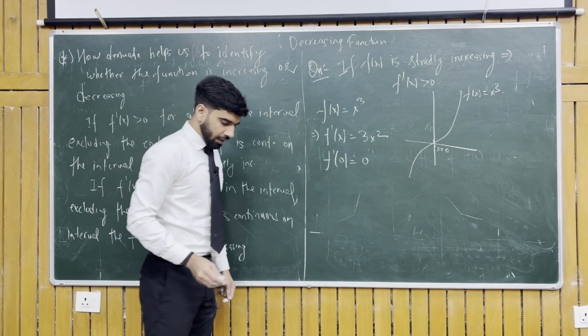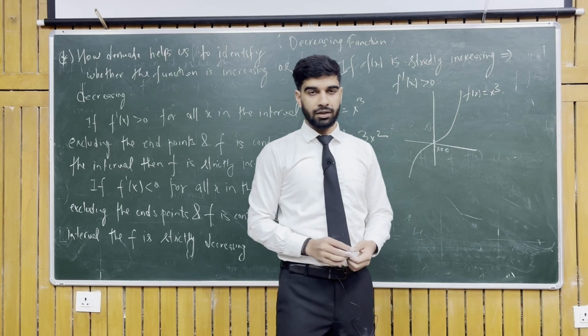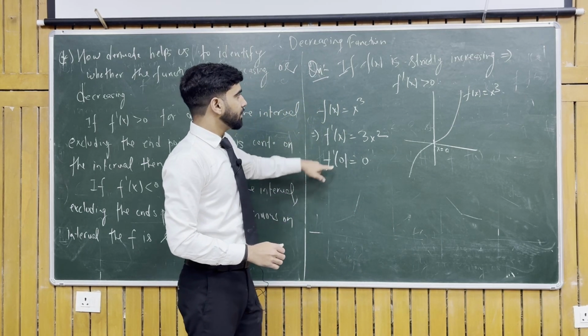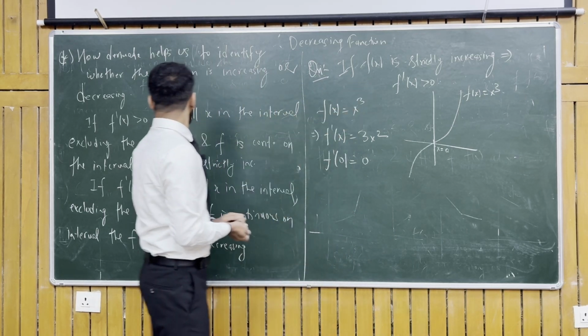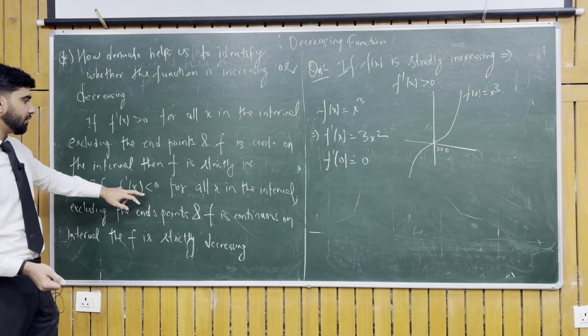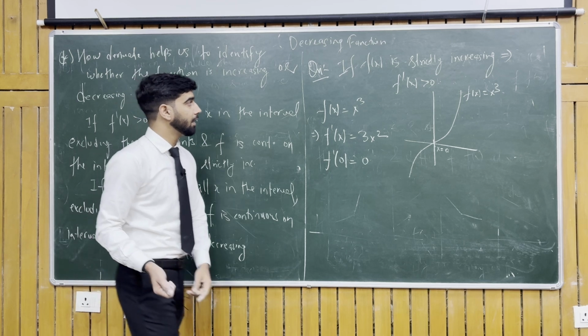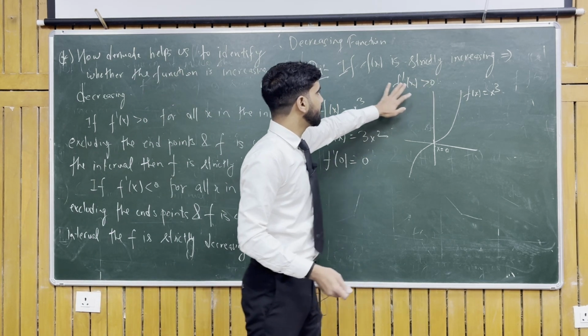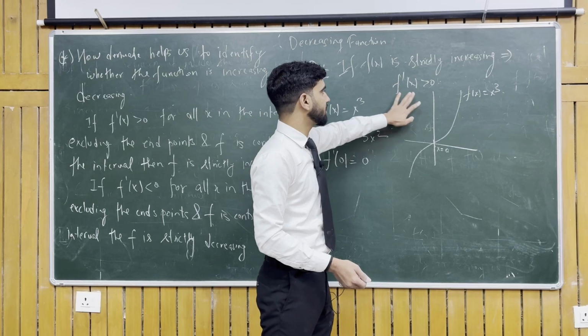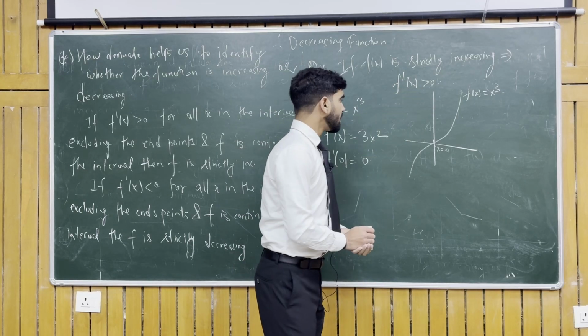So now we have seen that if f dash x is greater than 0, then the function f is strictly increasing, but for the reverse part, if the function is strictly increasing, will it imply that f dash x is greater than 0? This is not true.